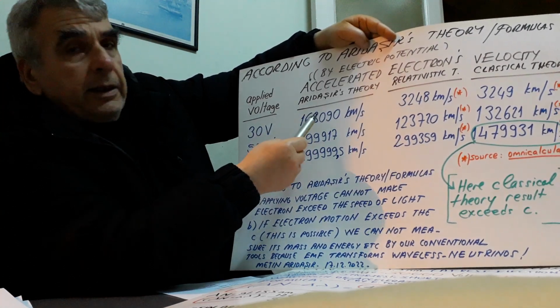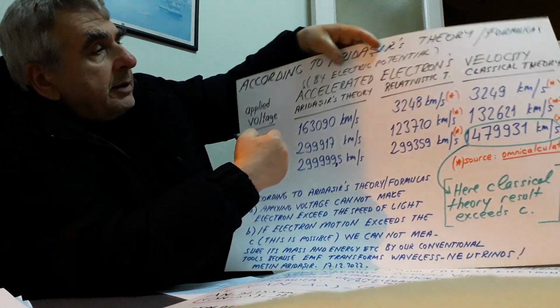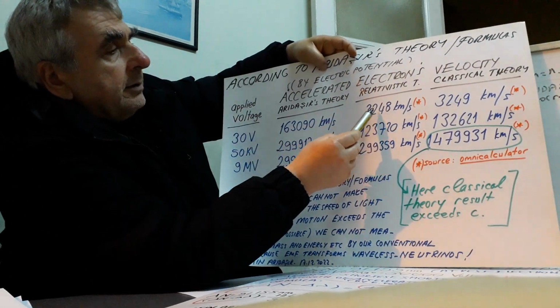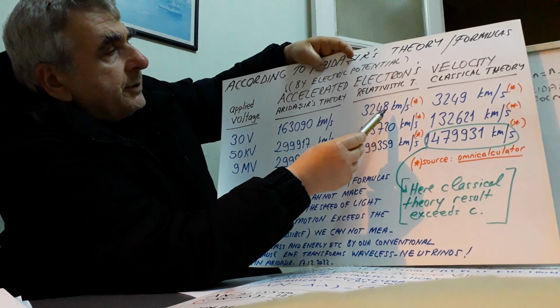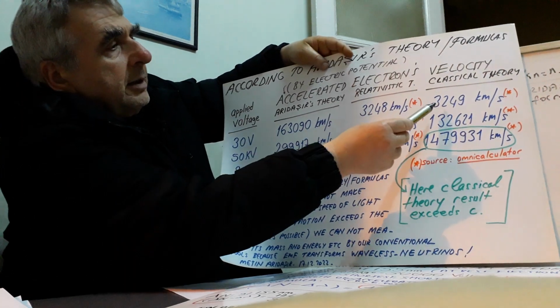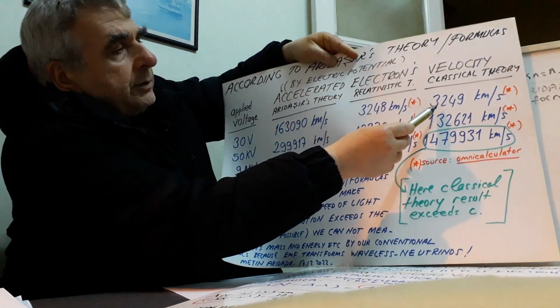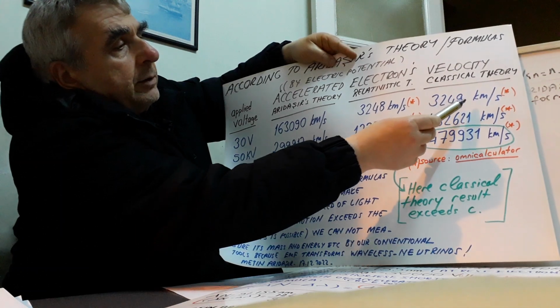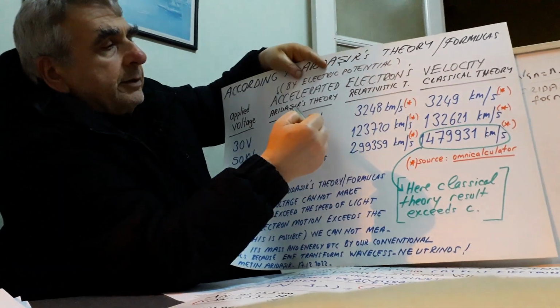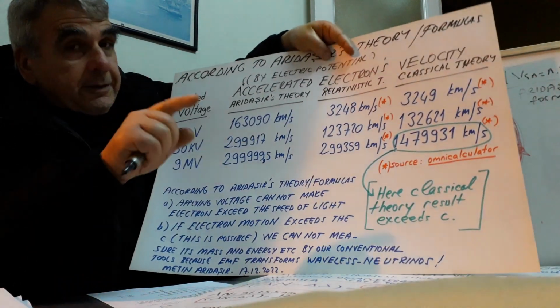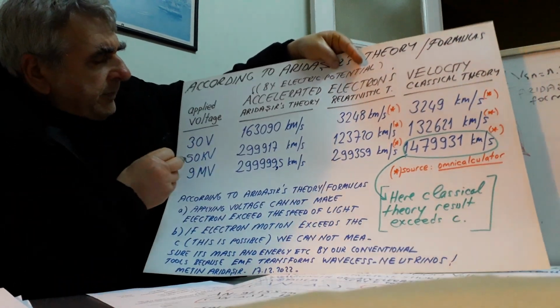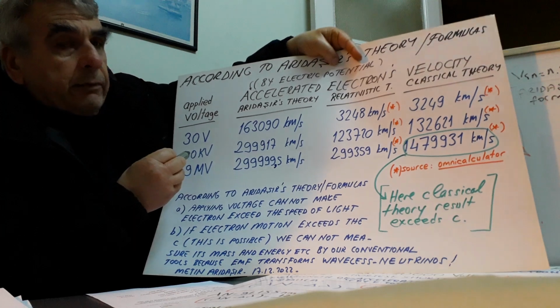Here, 3,248 km per second relativistic, 3,249 km per second classical theory. So interesting. Wait, please. 50 kilovolts.